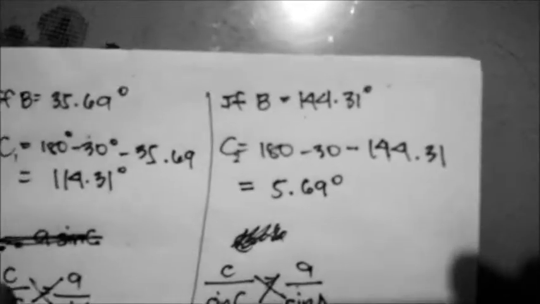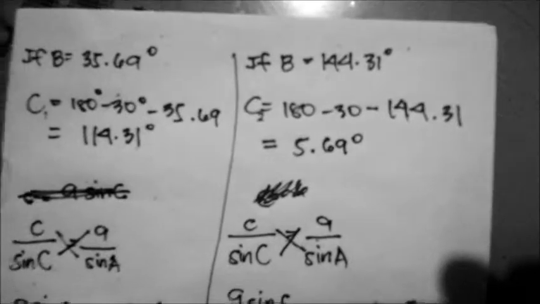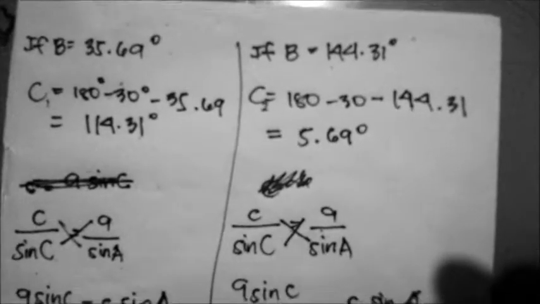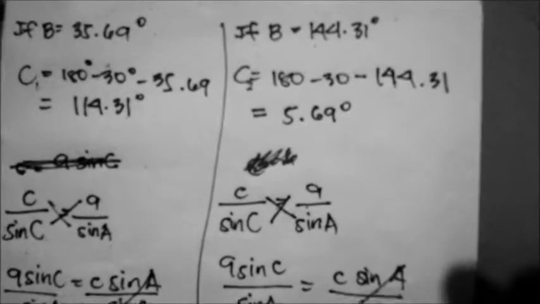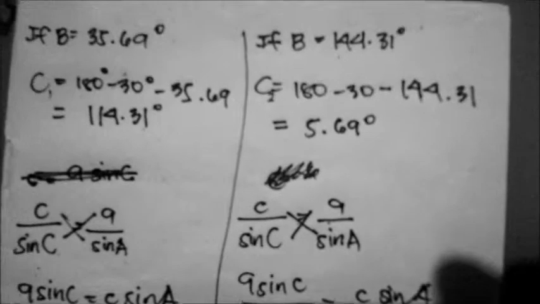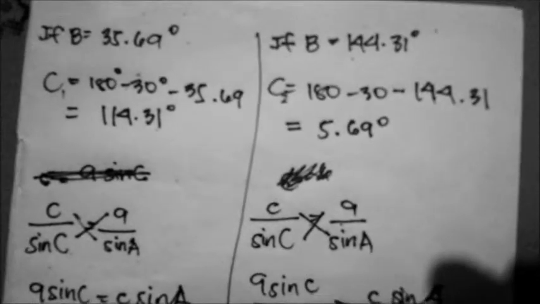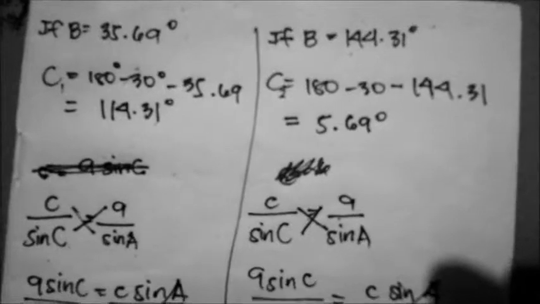If B is 144.31 degrees, then C sub 2 equals 180 minus 30 minus 144.31. We got 5.69 degrees.